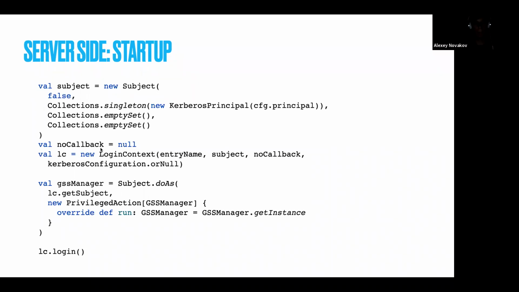Using this Java API, we construct a so-called login context by using the server principal name, giving the subject to a login context. And when we start our server, we log in our server to Active Directory.